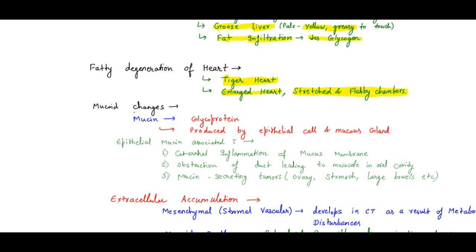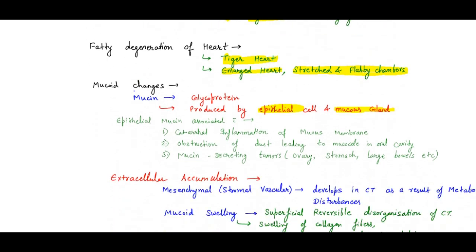Then the mucoid changes, like mucin. So what is mucin? Mucin is a glycoprotein produced by the epithelial cells and the mucous glands. We already discussed in adenocarcinoma that mucins are produced and then activate the coagulation cascade, leading to disseminated intravascular coagulation.